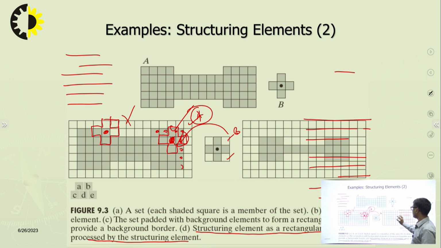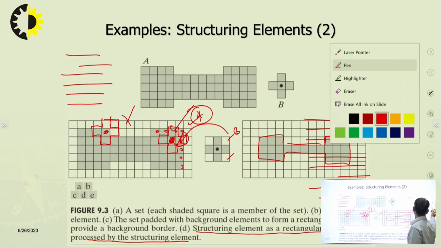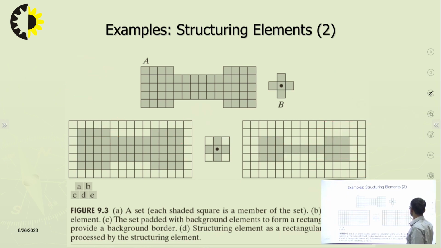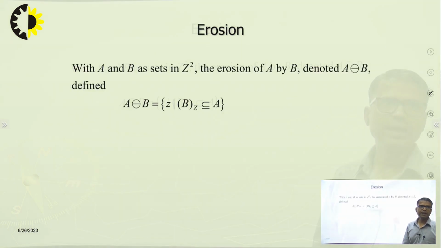We found that the set A is reduced to a small size, and in this particular boundary we are able to see the shape. So, we can see that the probe has identified the structuring element within the region. This is a probe, and we have probed here; it is a part of this subregion.